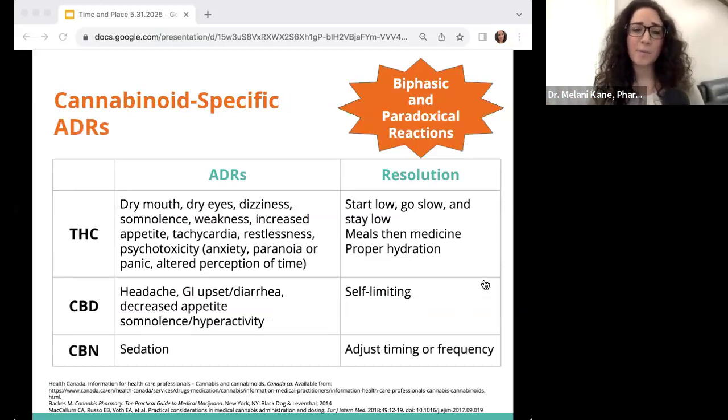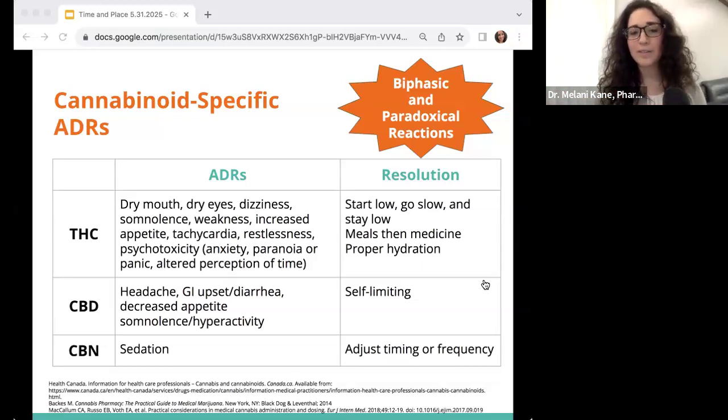Here is a list of the most common cannabinoid-specific adverse reactions, and it's important to differentiate if an adverse reaction is cannabinoid or formulation specific, because that will help determine our adjustment. So I kind of went through most of these: dry eyes, dry mouth, self-limiting, or stay hydrated.